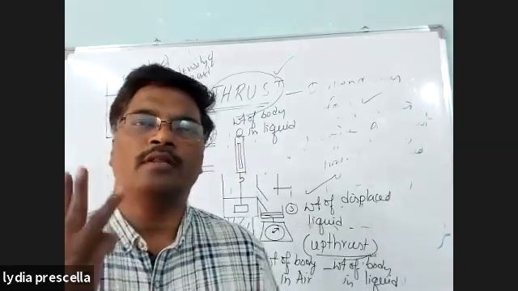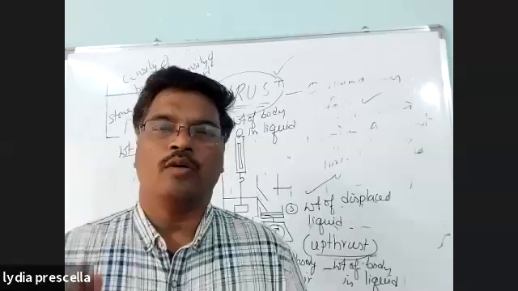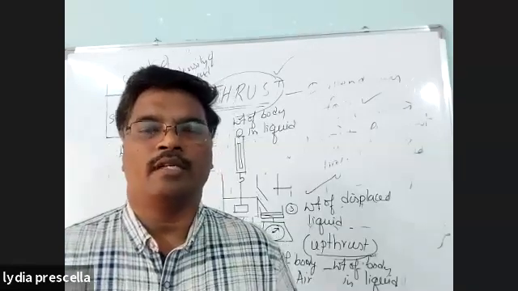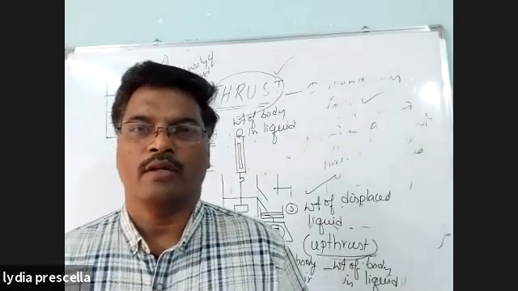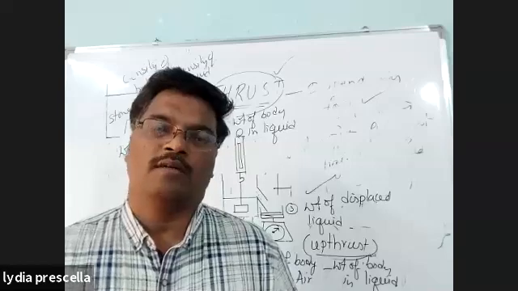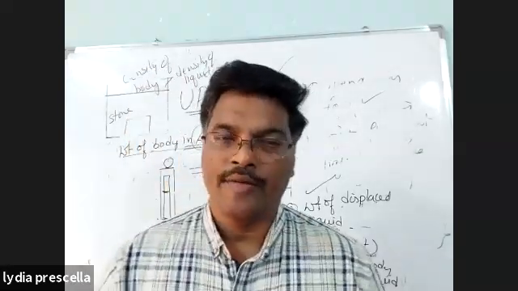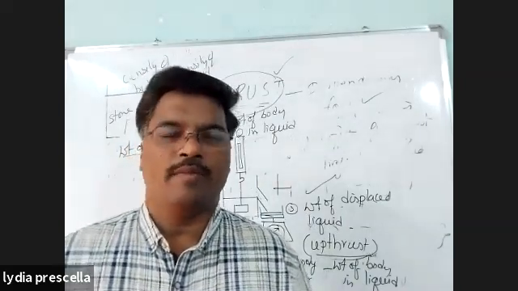Upthrust depends upon three things. Number one, U is equal to VdG, that is the formula. Upthrust is equal to volume of the body immersed in the liquid, and D means not density of the object, but it is the density of the liquid, and G is acceleration due to gravity at the place.